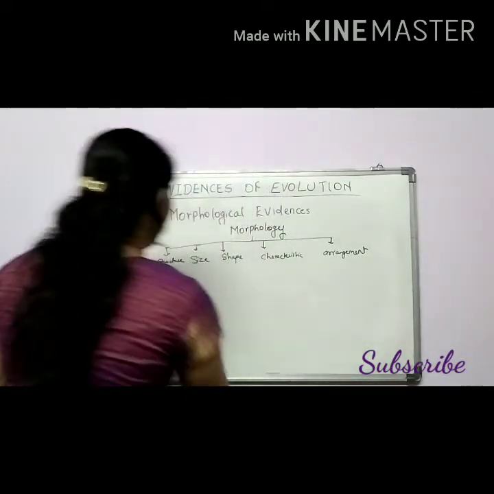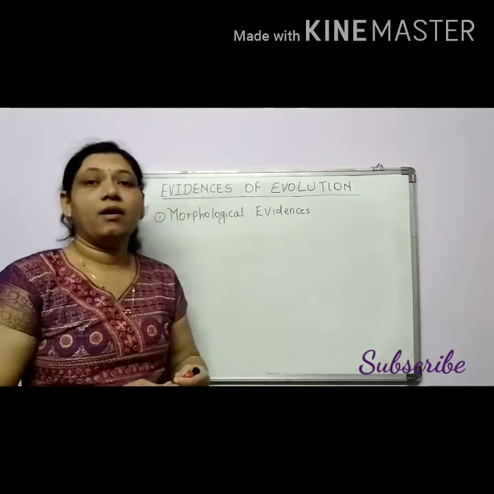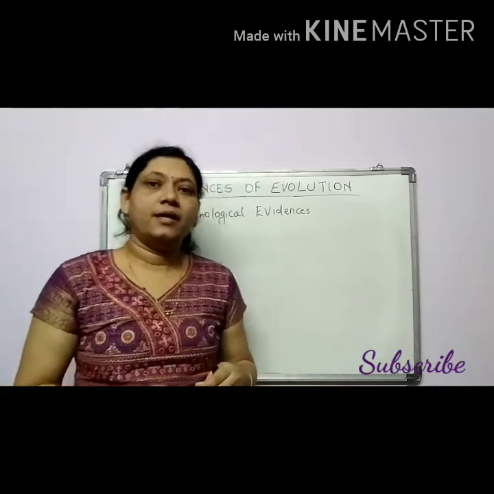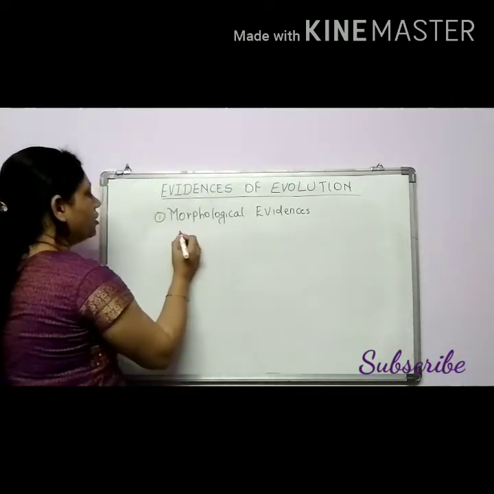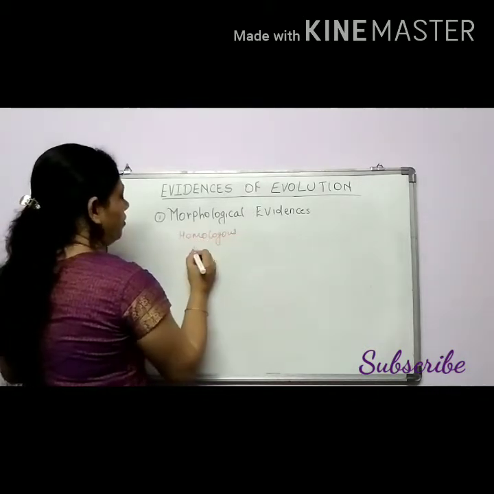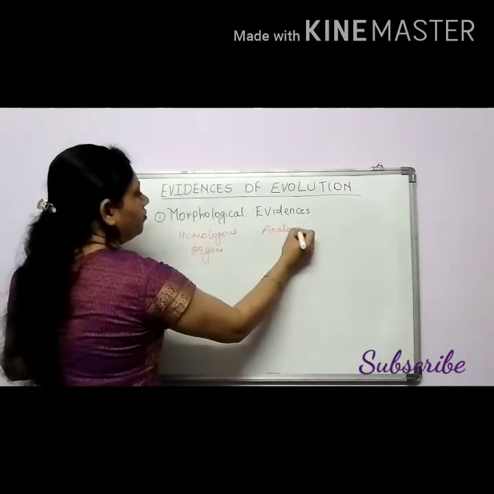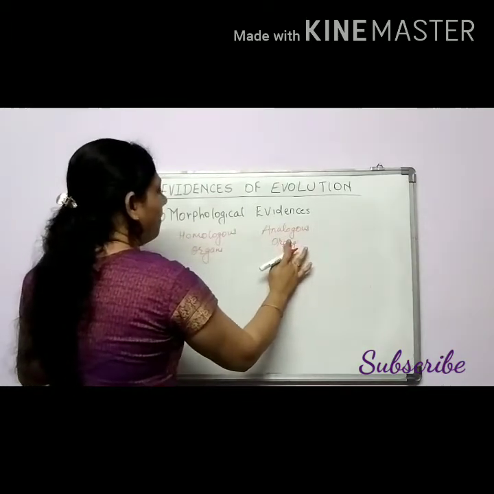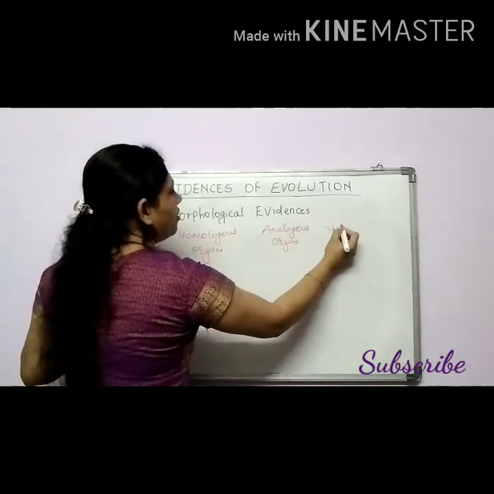So morphology is also subdivided into 2 parts: homologous organs and analogous organs. But I have divided it into 3 parts: homologous organs, analogous organs, and vestigial organs.